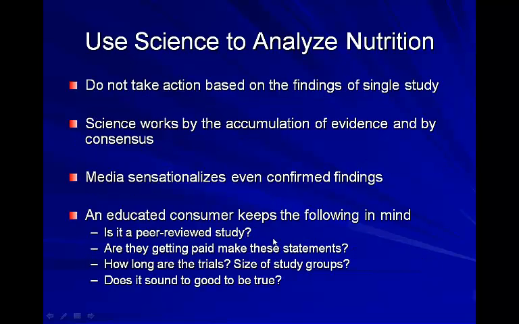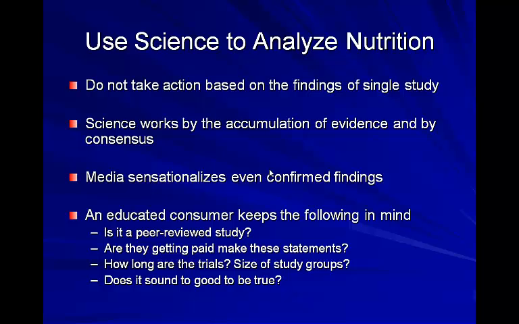If you have people that are getting paid to make statements, it can lead to undue bias. So very, very important that your researchers are objective. They're not paid based on results, they're just paid to do objective work, and whatever the results are, those are what the results are. So those are some things to think about when you're analyzing nutritional data, because we all see those advertisements for the latest drug or the latest pill.